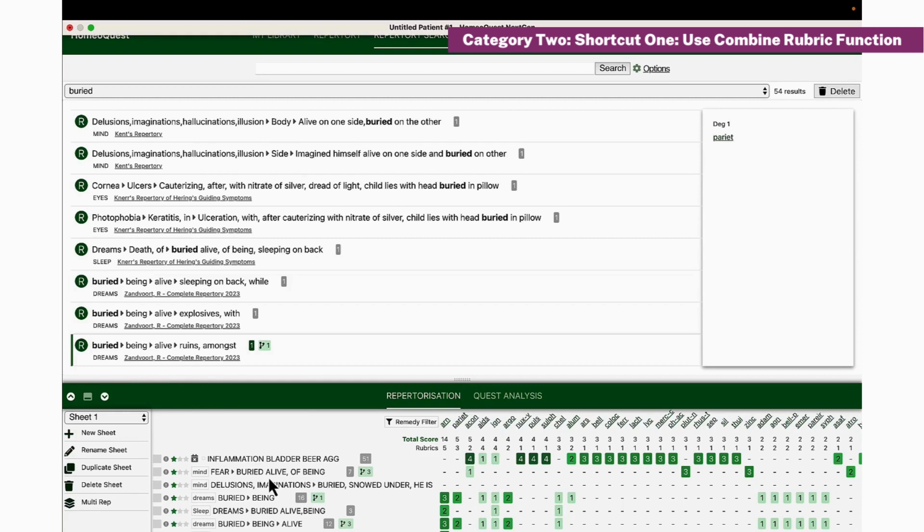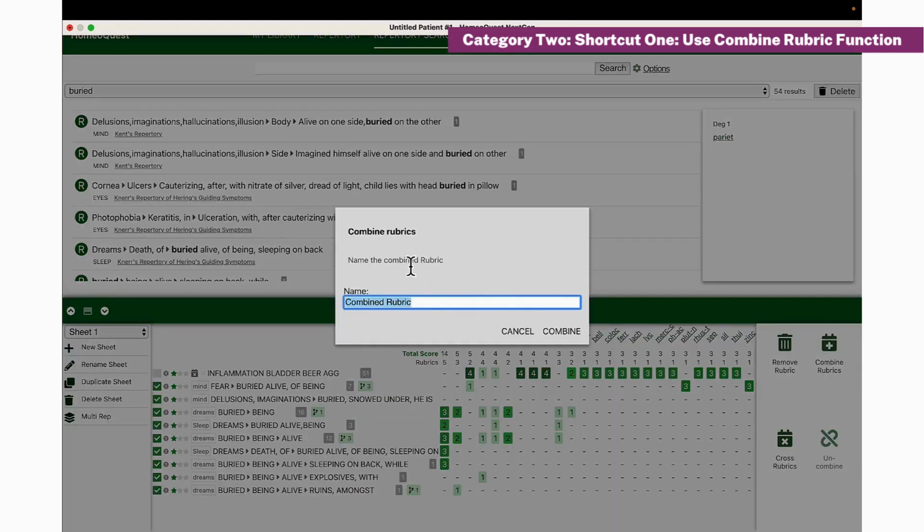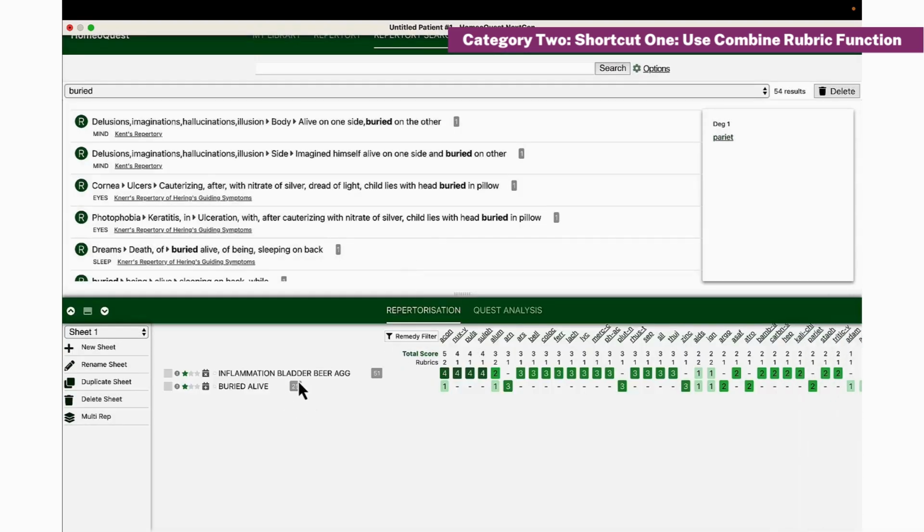Now what happens is you have about 7-8 tiny rubrics, select them all, and then say combine, and then you make it into a big rubric, buried alive, and then you see suddenly you have 25 remedies, which is good. From 7, you've come to 25. And that is the way you play the game.